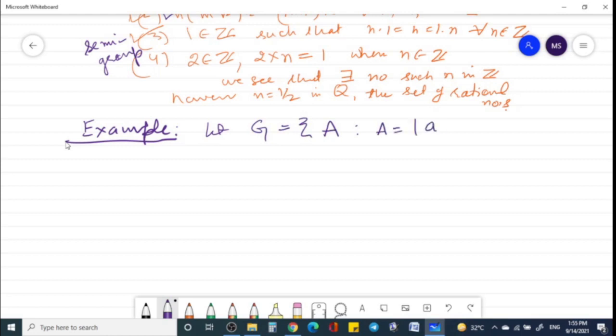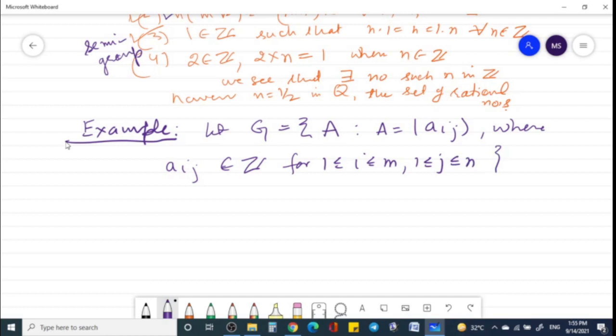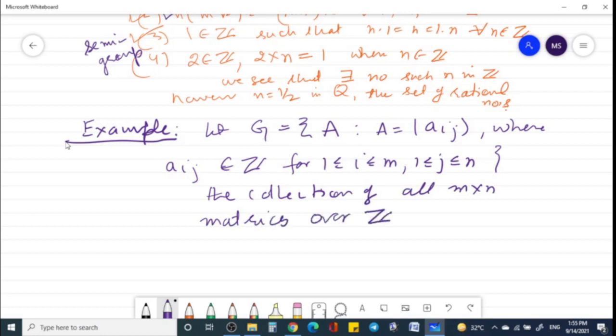A is a matrix containing elements Aij, where Aij is an integer for 1 less than or equal to i less than or equal to m, j less than or equal to n. In fact, G is the collection of all m cross n matrices over integers.